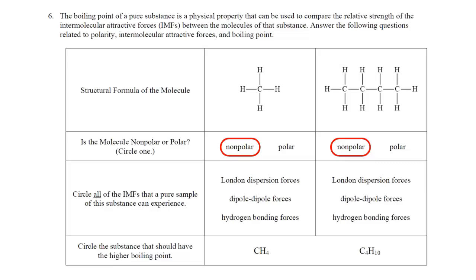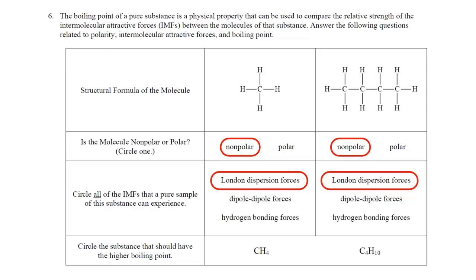No, there's not a hydrogen directly bonded to either nitrogen, oxygen, or fluorine. Can they experience dipole-dipole forces? No, because they are nonpolar. So they can only experience London dispersion forces. But now you're wondering, how do I decide which substance should have the higher boiling point?